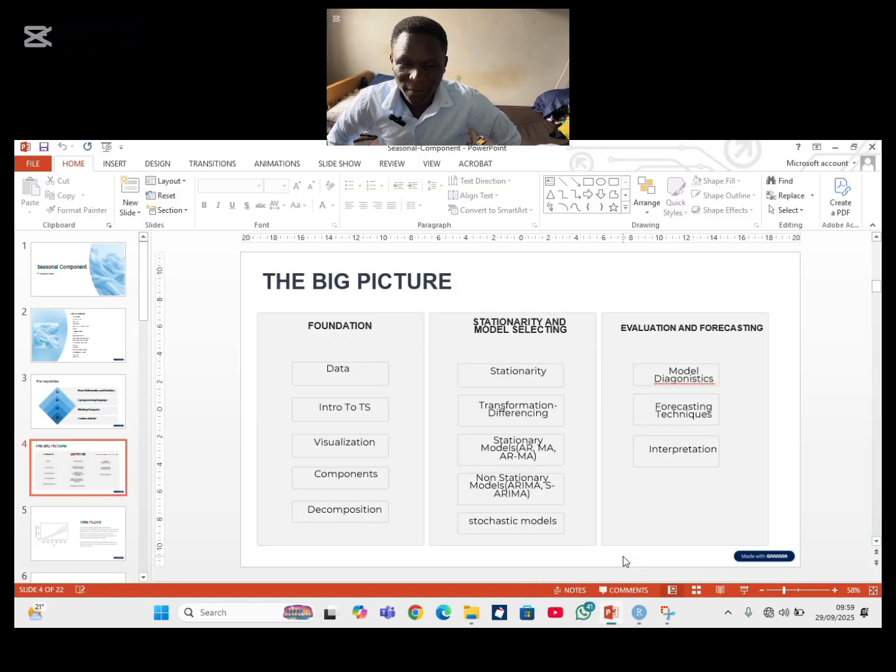In your course of time series, there are things at least you should know. That is the foundation, the models you should use, and also stationarity. And also, after attaining that model, you need to evaluate it and see how well it is working.